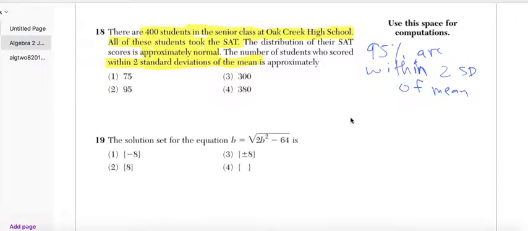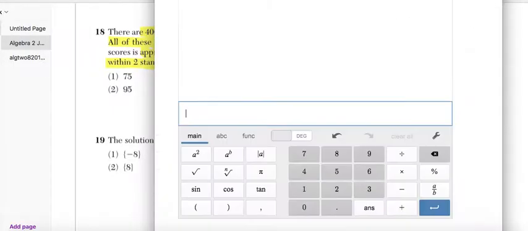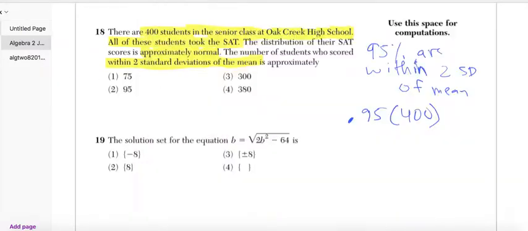So if it's 400 students, we want to take 95% of 400. 400 times 0.95 is 380. So it's 380. That was a giveaway if you know your normal distribution.